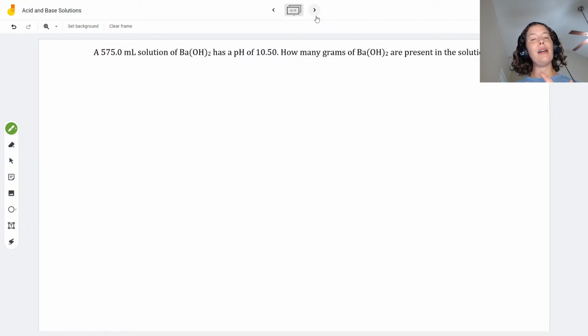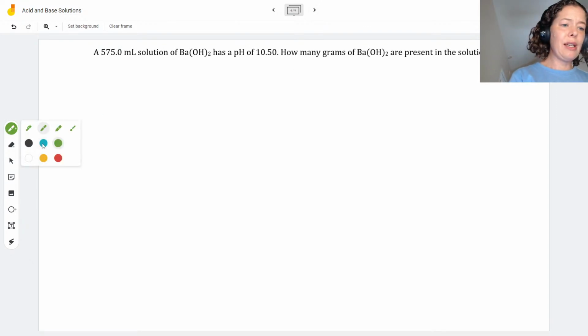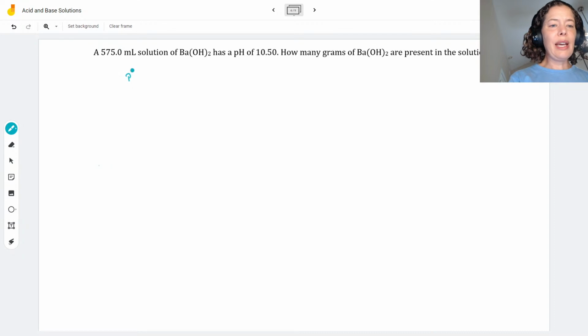So this is a situation, and you might have this situation in a lab where they say, okay, we need to make a solution that has this pH, and here is the base we're going to use. How much do we need to add? So this is a very, very common situation. Okay, so remembering our formula for pH, negative log of hydronium.